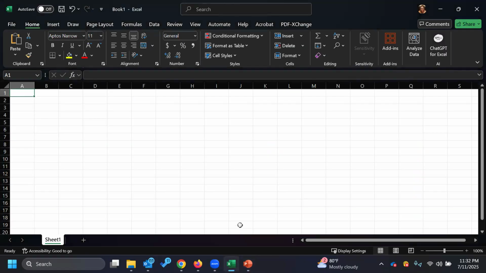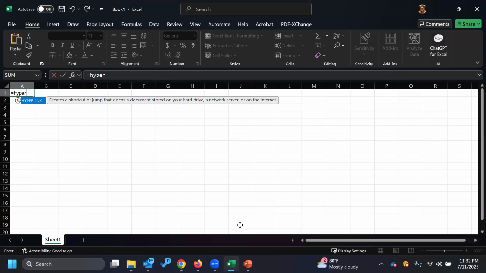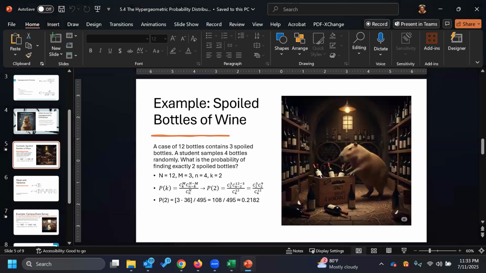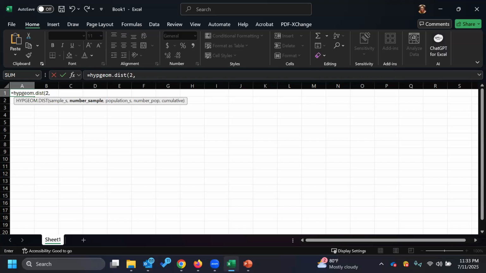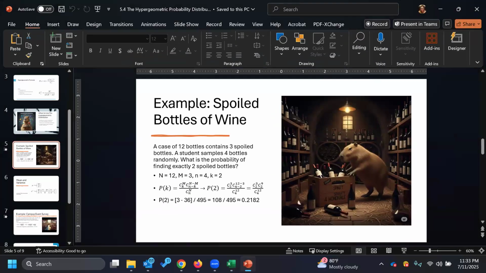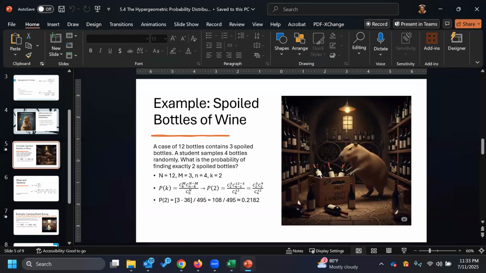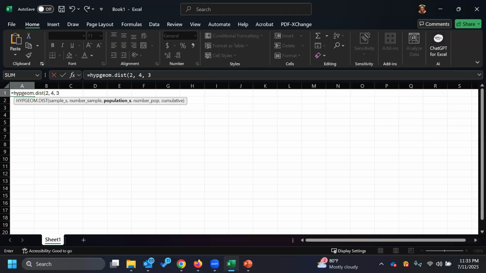So this time we're doing hypergeometric. There we go. So I want that, HYPGEOM.DIST. Okay, so our sample, k, is 2. The number, n, is 4. Our population, M, is 3.